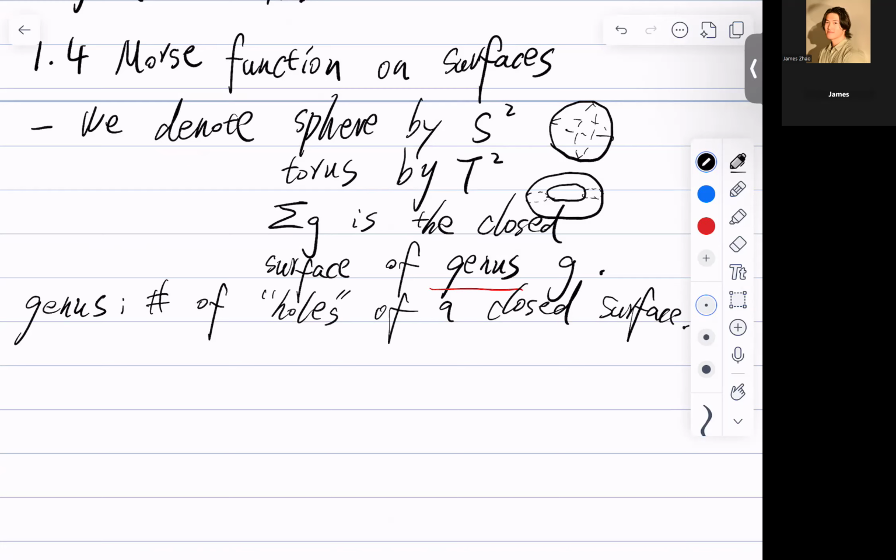As we can see, sigma zero means we have zero holes, right? So what object has zero holes? A sphere, right? And if we do this, this means we have one hole of this closed surface. You can see a torus has one hole, right? So we know this is a torus.